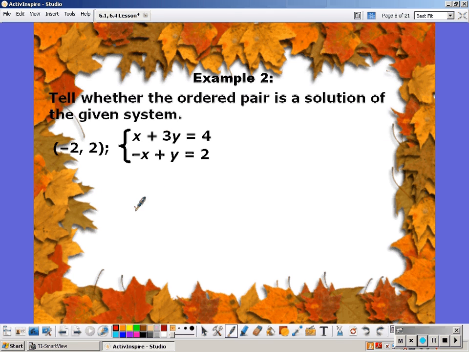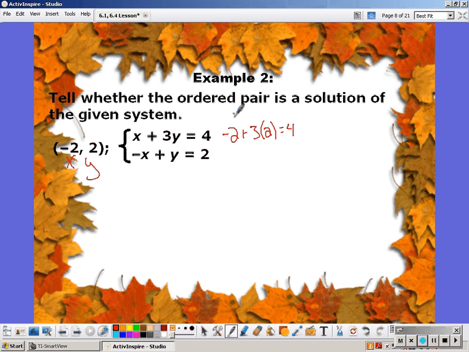All right, now let's try this one. Let's see if (-2, 2) is a solution for both this and this. Can I plug in negative 2 for x and 2 for y and make both of these equations come out correctly? Okay, so instead of x I put negative 2 plus 3 times, and instead of y I put 2, equals 4.